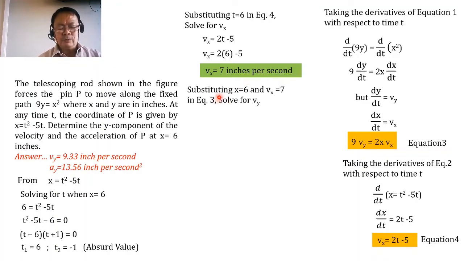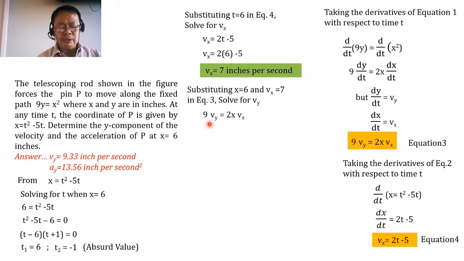So, if we now substitute the value of the x component of the velocity that we solved, which is equal to 7, and the given value of x, which is equal to 6, in this equation that I have formulated showing the relation between v sub x, v sub y, and x, from here we can now solve the y component of the velocity.